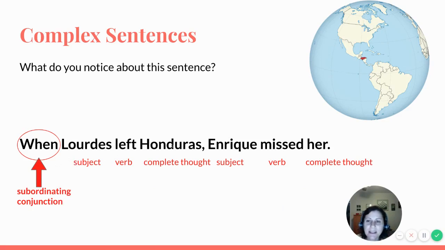These are different than compound sentences, which we studied last week, which had and, but, or, so, with a comma in the middle. Those were called coordinating conjunctions, the fanboys. Here, we have subordinating conjunctions. These are words like when, after, before, if. Let's learn more about these complex sentences.